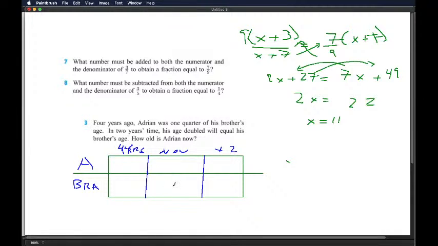So his brother is X. 4 years ago, so his bro has to be X minus 4 by now, right? So now his bro is X minus 4, and Adrian was 1/4 of his brother's age. So here I figure it's 1/4 times X minus 4.